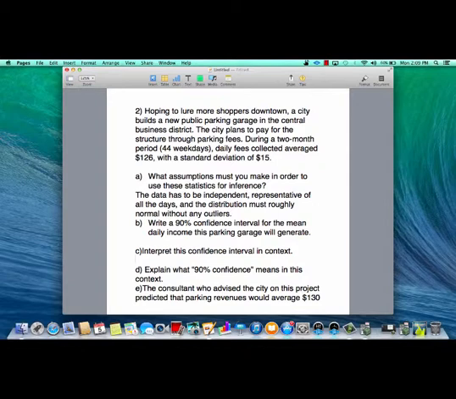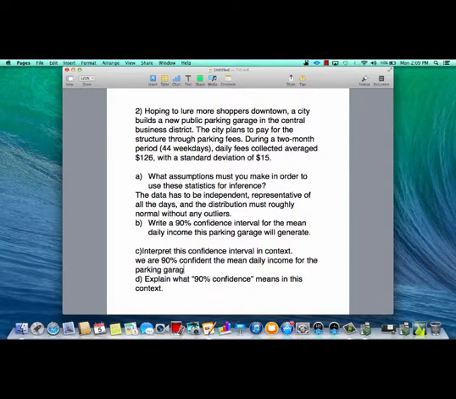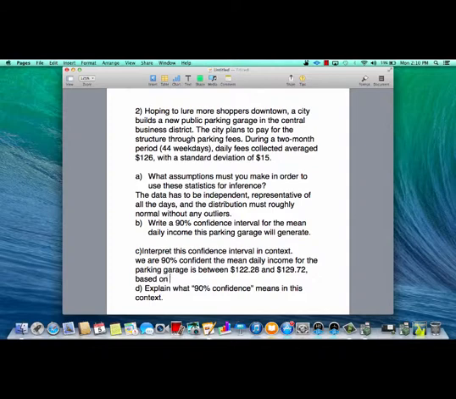Now, the next part is just we came up with the numbers. Now you got to learn to interpret this confidence interval in context. So what you could write is we are 90% confident the mean daily income for the parking garage is between $122.28 and $129.72 based on this sample.